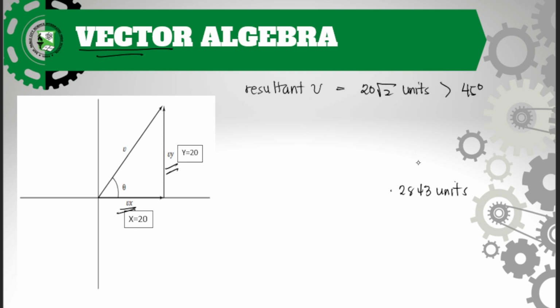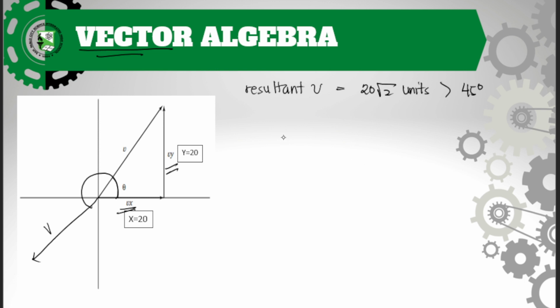So, what if nandito na yung v mo? Okay? So, nagbago yung direction ng v mo towards this part. Paano mo i-compute yung angle? Okay? Angle reference to x-axis. So, meron tayong rule na ginagamit dito or meron akong strategy na ginagamit dito. Okay?